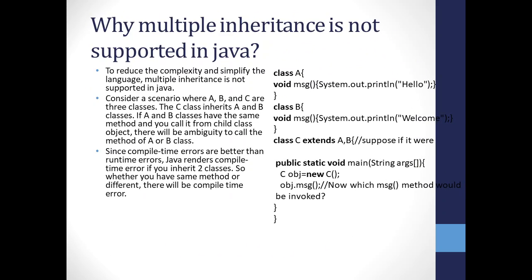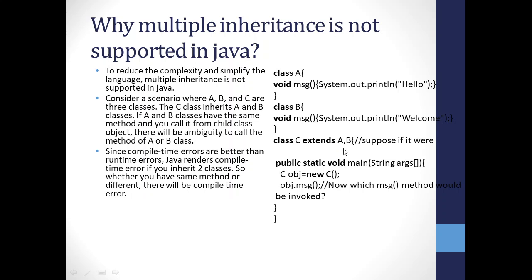Why are we not using multiple inheritance? Why is multiple inheritance not supported in Java? We can discuss it using this example. To reduce complexity and simplify the language, multiple inheritance is not supported in Java. Let us consider a scenario where A, B, and C are three classes, and C inherits A and B. It is not supported, but I have given the example here.